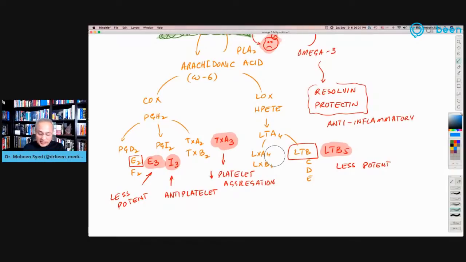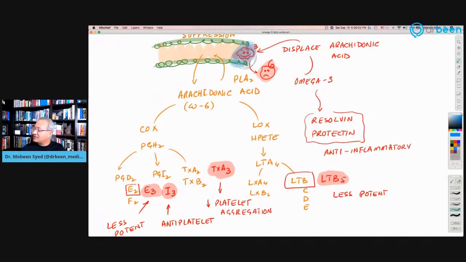When arachidonic acid is replaced by omega-3s in the cell membrane, the whole pathway produces products that are less potent. It is like you have a raw material, which is arachidonic acid, the omega-6. Instead of that raw material, you give a weaker raw material, and that is omega-3. So the products made from omega-3 are weak in their action, and that reduces the potency of inflammation.